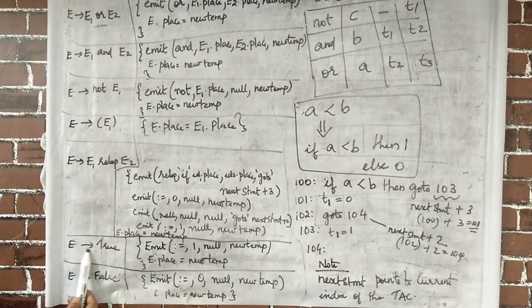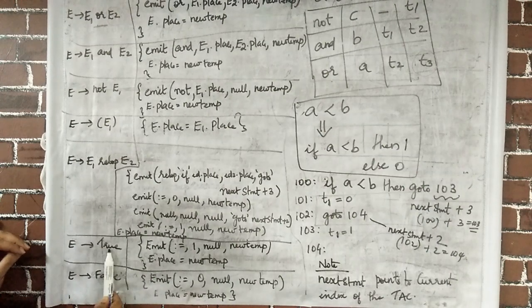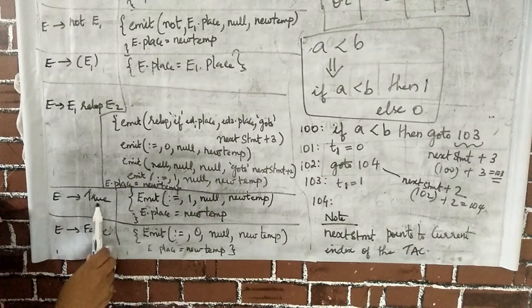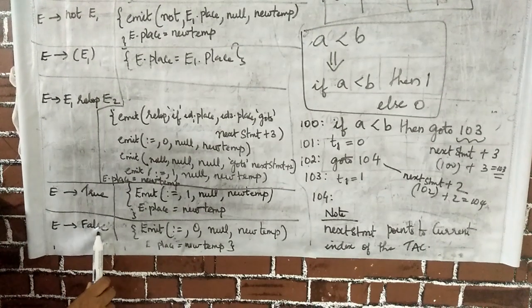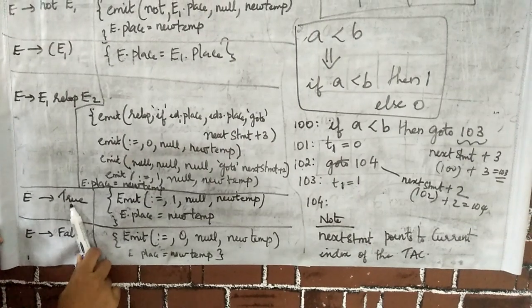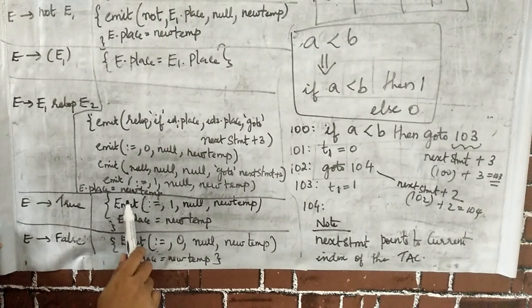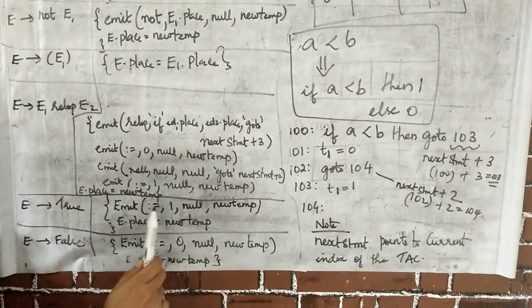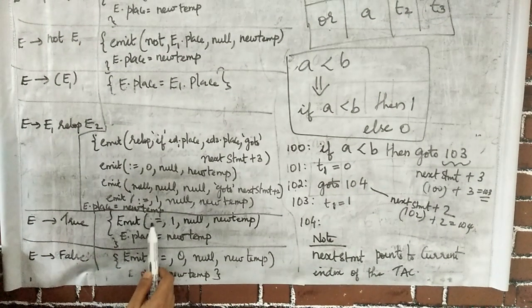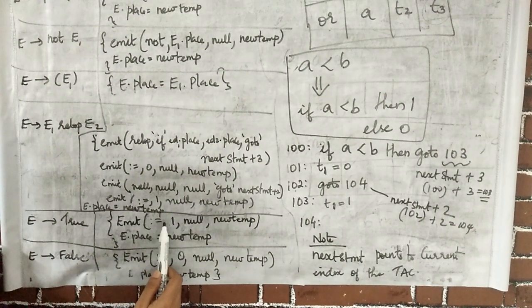Now consider this production rule. E produces true. Now I've already told you that true is represented using the value 1, okay, and false is represented using the value 0. So for true, we have to emit a quadruple. We have to assign the temporary variable with the value 1. So the operator used is the assignment operator.